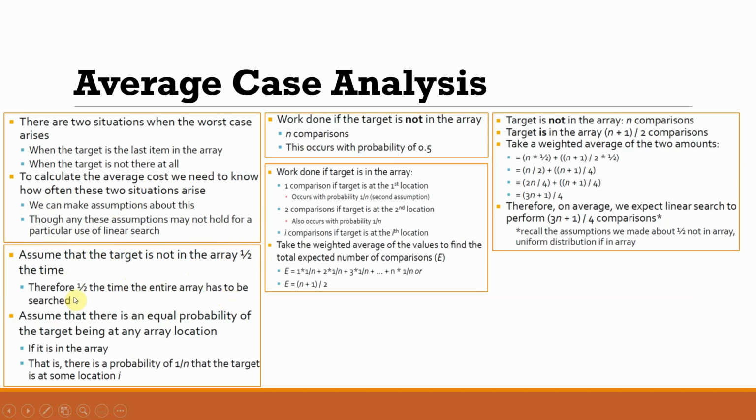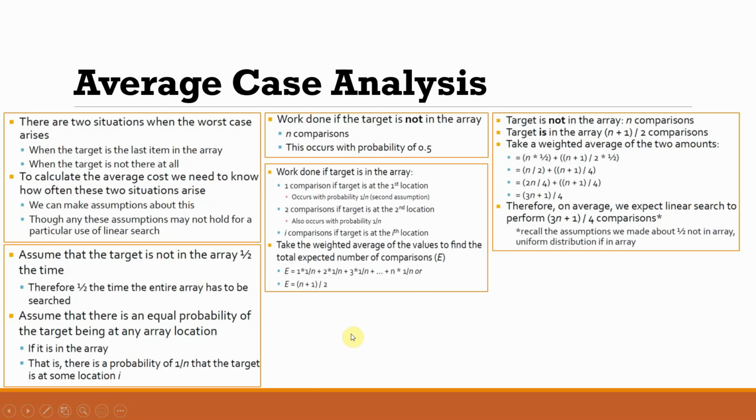So half of the time the entire array has to be searched, and half of the time we find the target. Assume that there is an equal probability of the target being at any location. We have n locations in the array, and the probability of the target being in any of these locations is going to be 1 over n, because we have n elements.